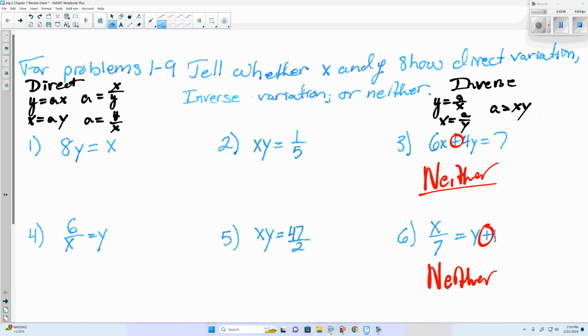All right, let's look at number 1. 8y equals x. Would this be direct, inverse, or neither? So match it up to the equations. 8 is just our number a. It would be direct. Yeah, direct.